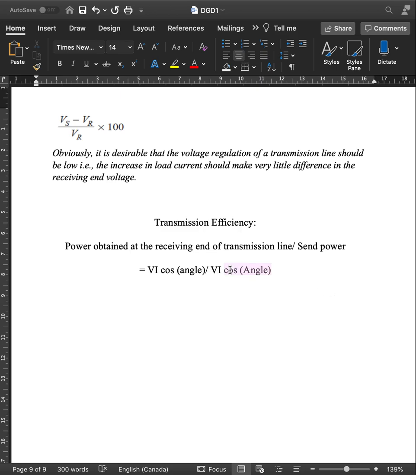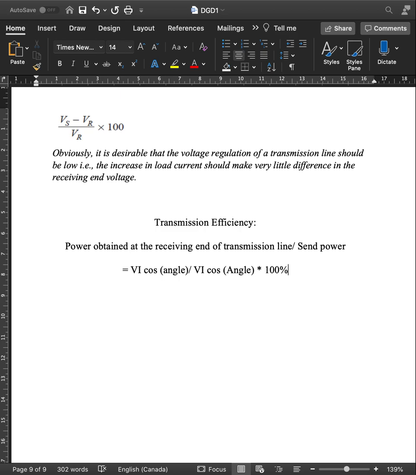This numerator is from the receiving side of the transmission line and the denominator is from the sending side, times 100%, and then we get the transmission efficiency.